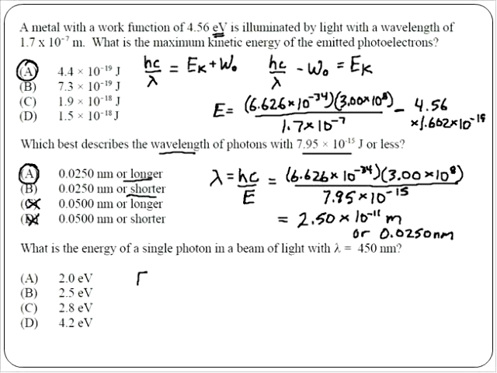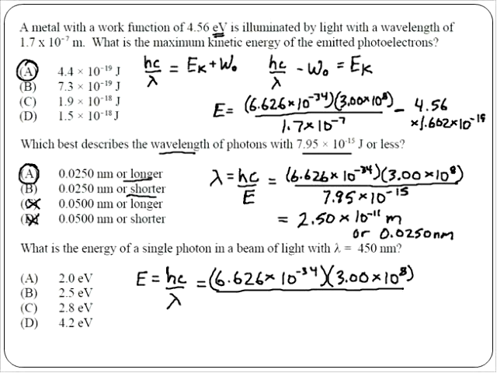And then this one here, E equals hc over lambda. I don't have to rearrange it this time. Plug in our numbers, 6.626 times 10 to the power of negative 34, Planck's constant. I multiply that by C, which is 3.00 times 10 to the power of 8.